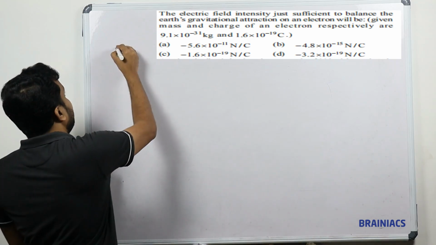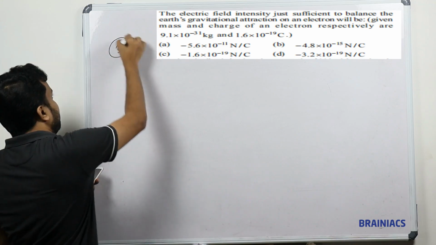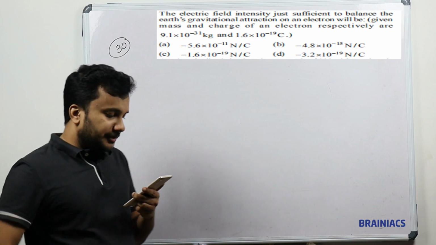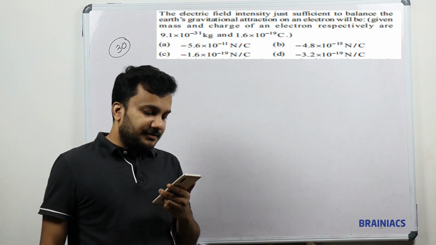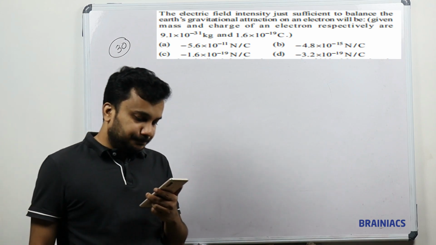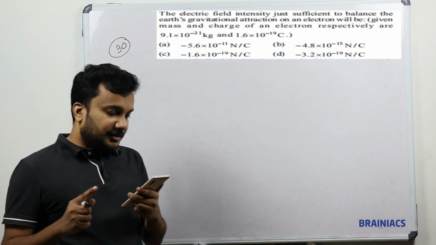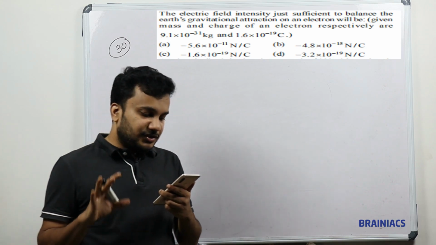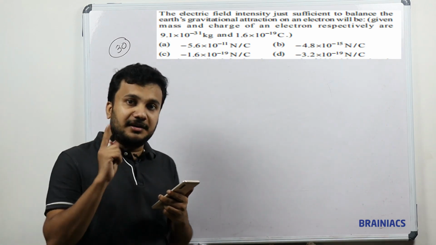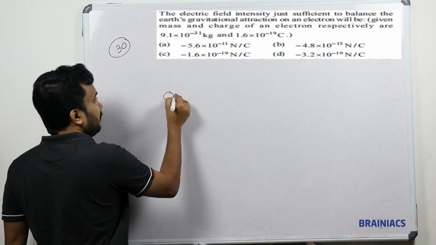Question number 30. Electric field intensity just sufficient to balance the earth's gravitational attraction on an electron will be. So an electron will be here.